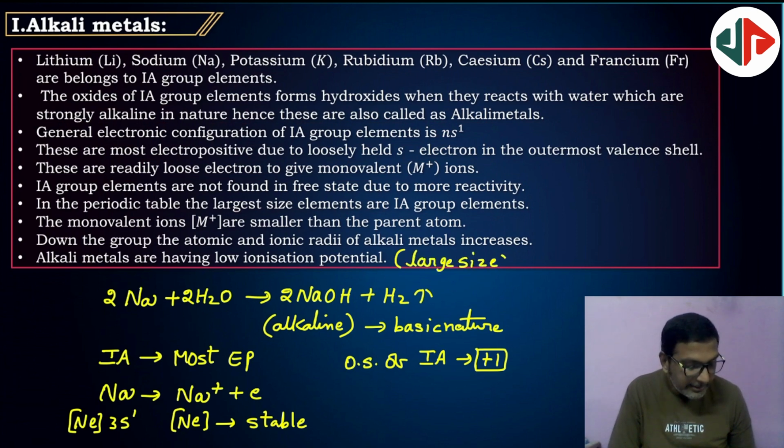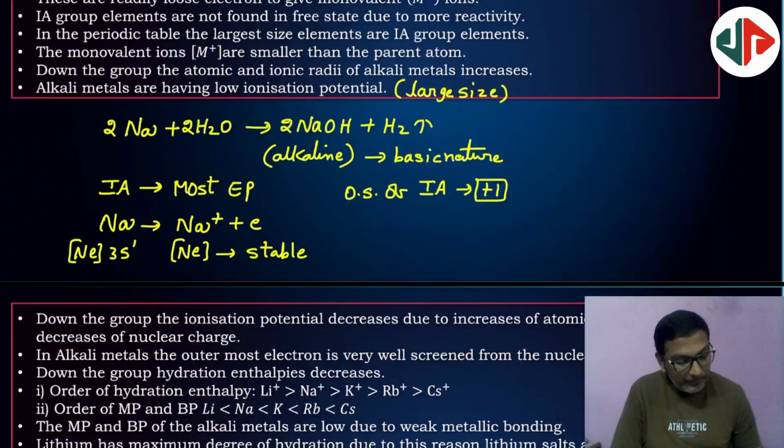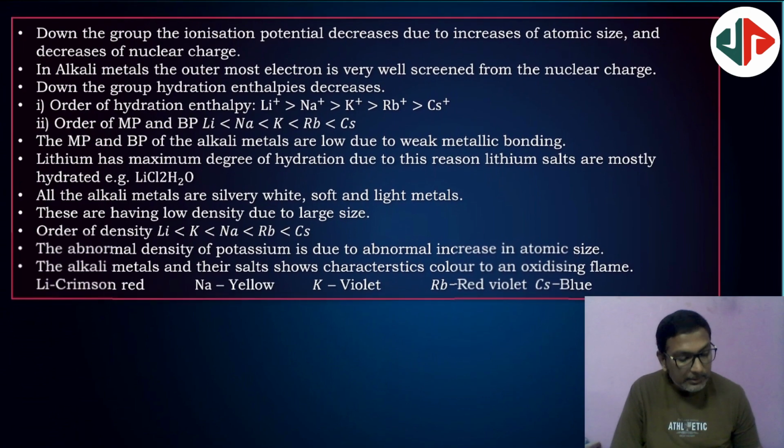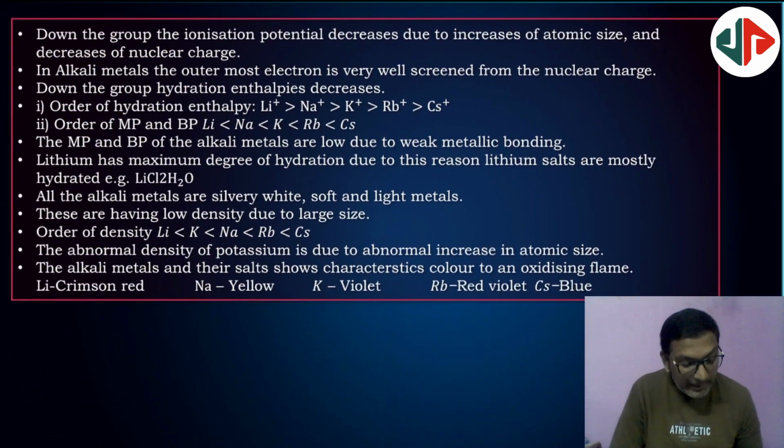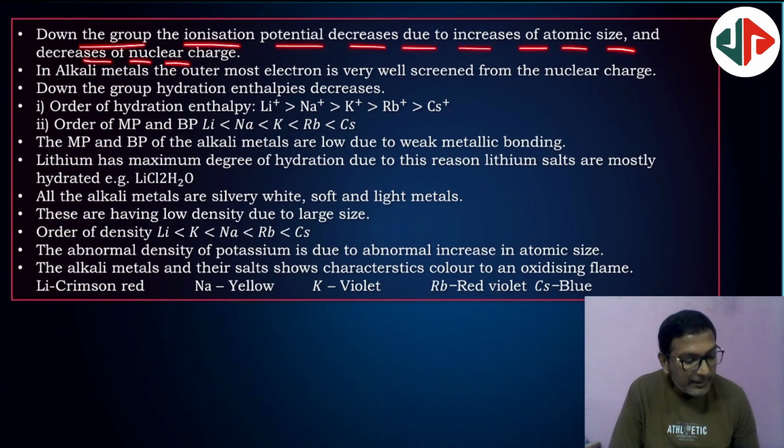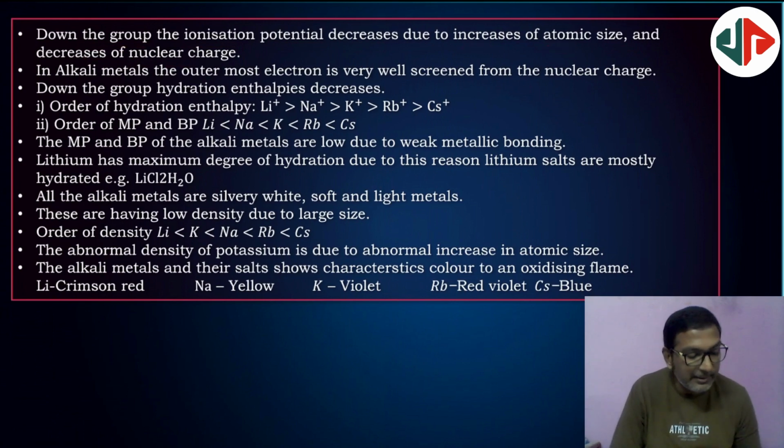Down the group, ionization potential decreases due to increase of atomic radius and decrease of nuclear charge. So ionization potential is lowest for cesium and francium. Therefore, they can lose electrons more easily.